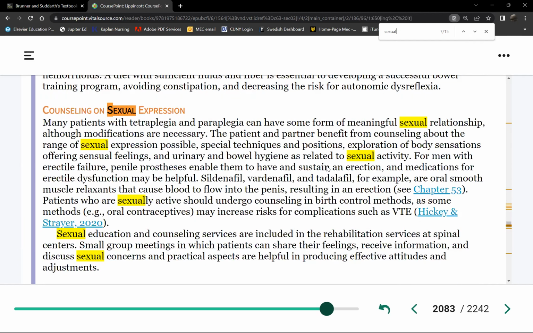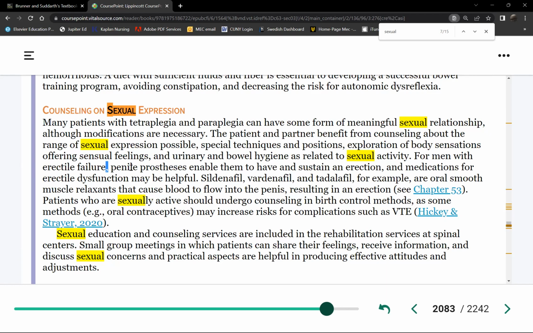So here, to meet the patient's sexual needs, you can encourage them to adjust to the loss of sensory motor function, so they can explore other ways of sexual expression if the couple chooses.